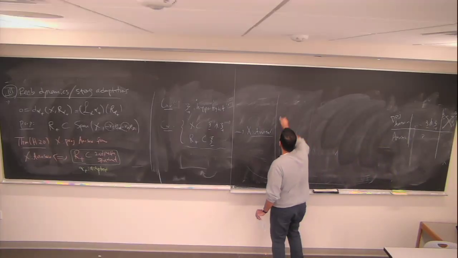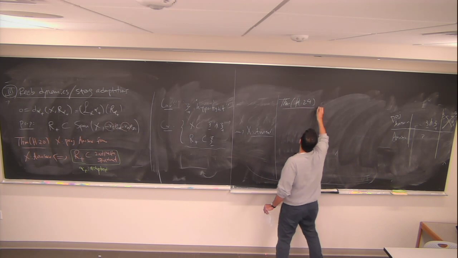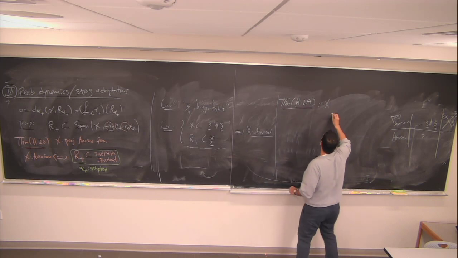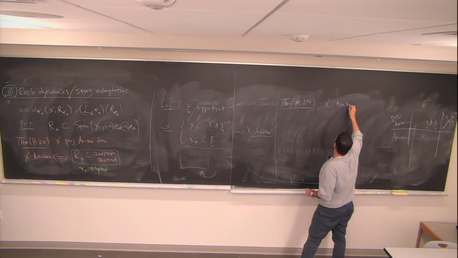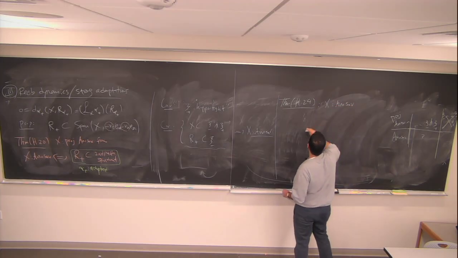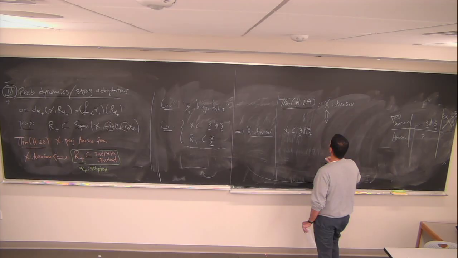So the theorem is that X is Anosov if and only if X is included in a bicontact structure.